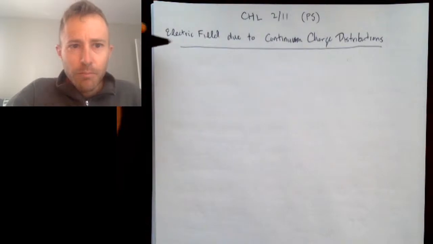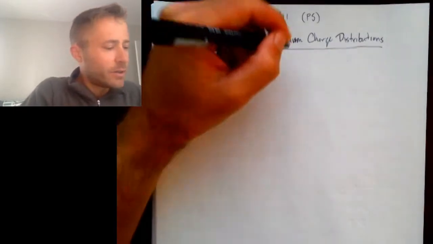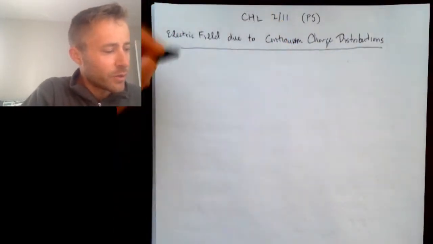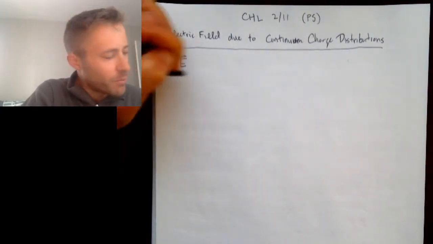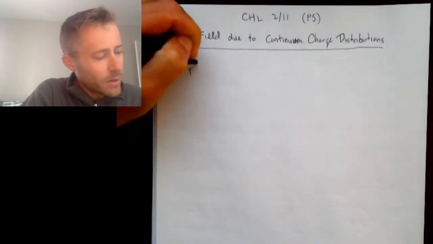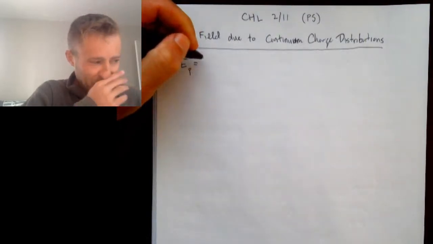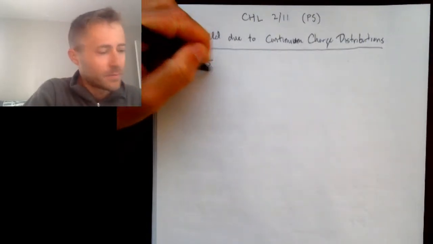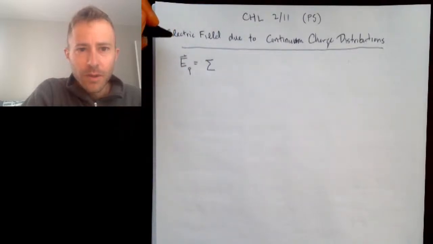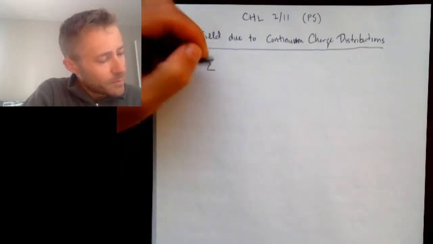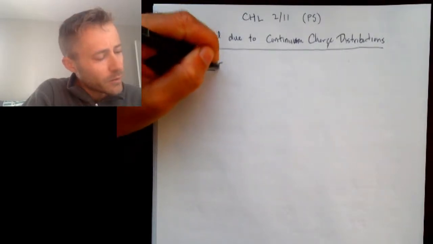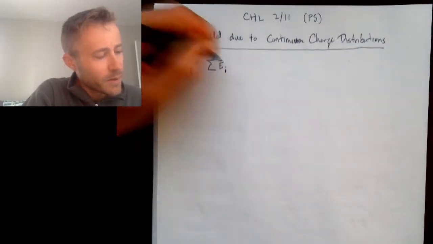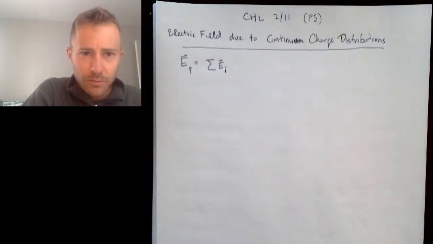So when I say a continuum charge distribution, we learned how to calculate the electric field at some point P as the sum of the individual electric fields due to the individual charges.